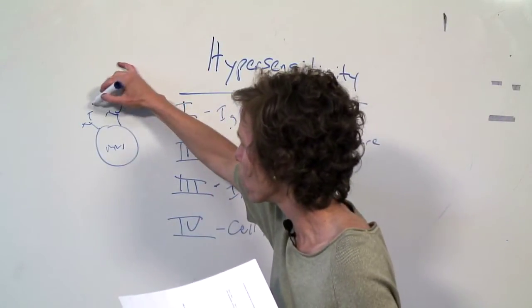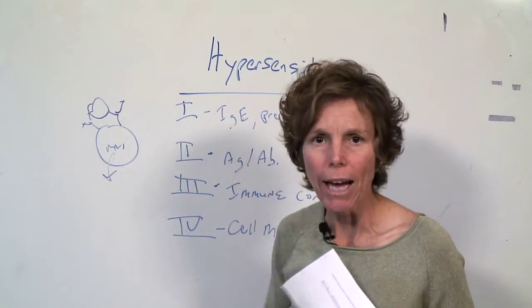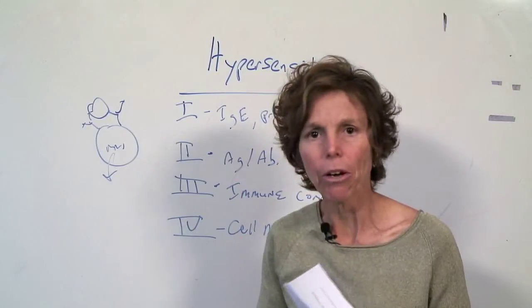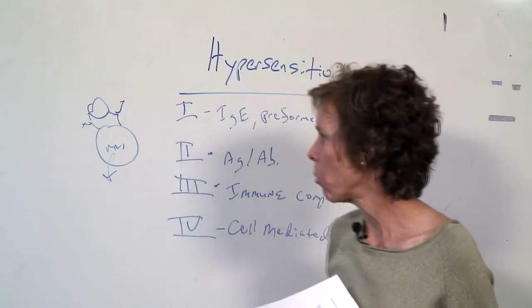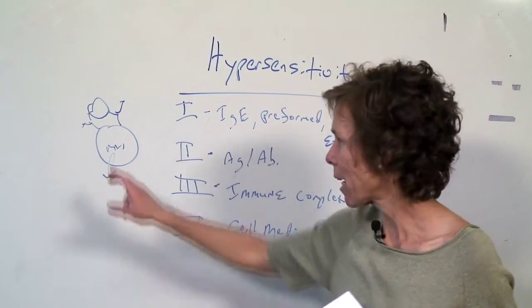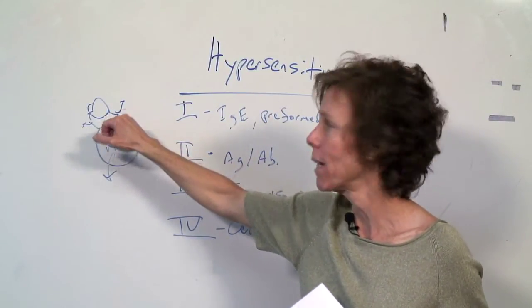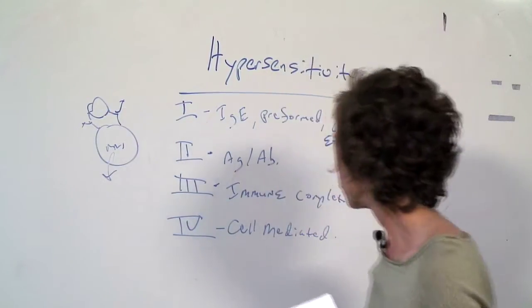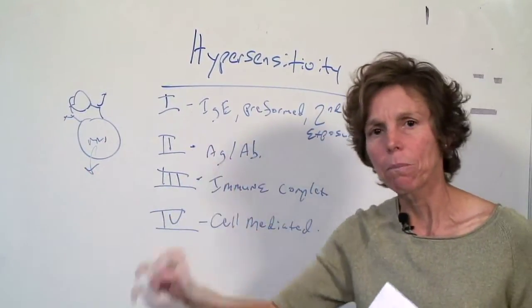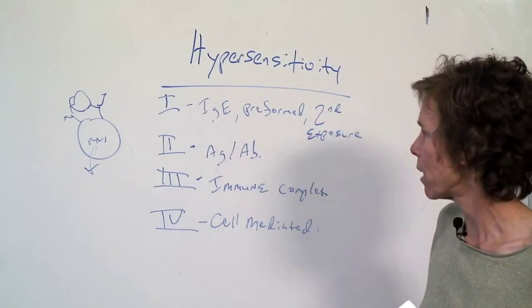Along comes some fragment of a peanut, and now this is going to cause the mast cell to degranulate. And so in this case, you're talking about the second exposure. You had the first exposure to get the IgE, and now you got the second exposure. So again, 3 things must be present: IgE, preformed, and a second exposure.